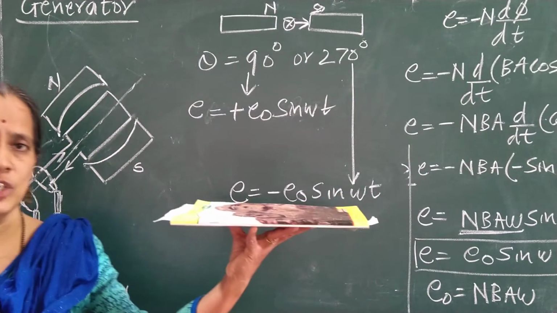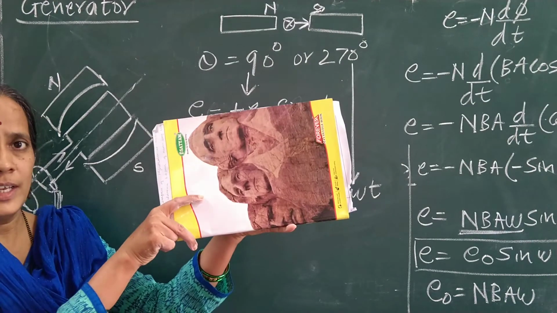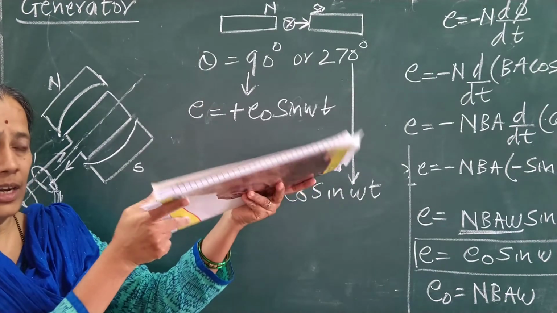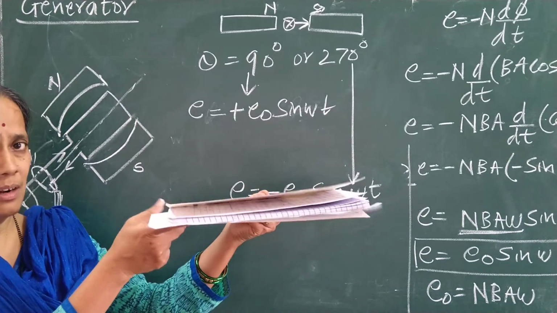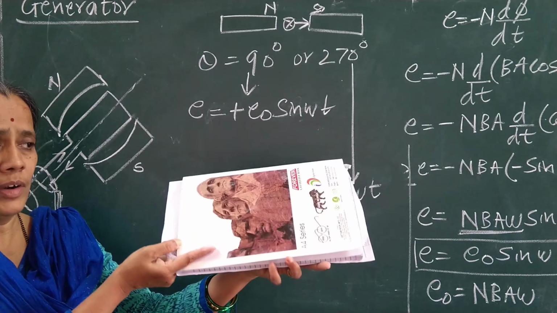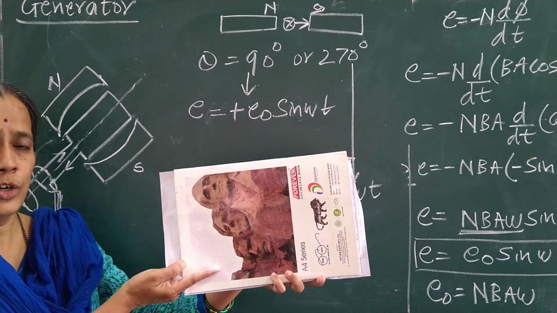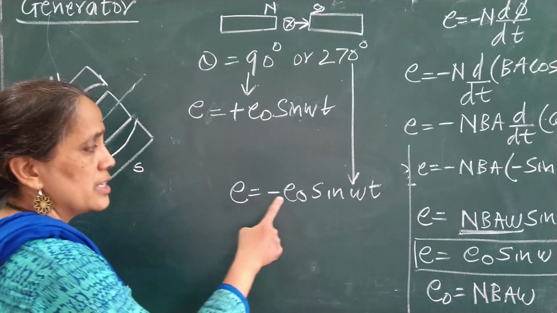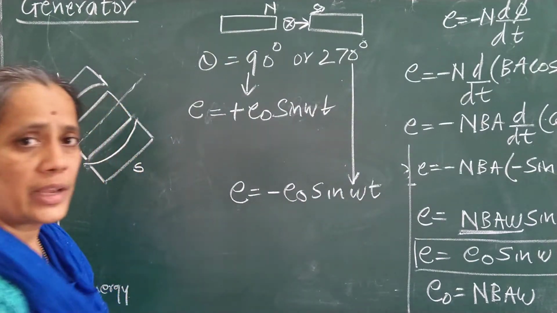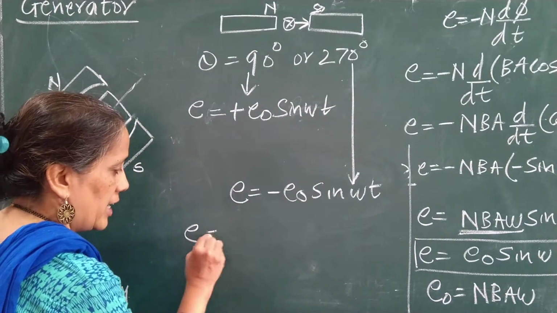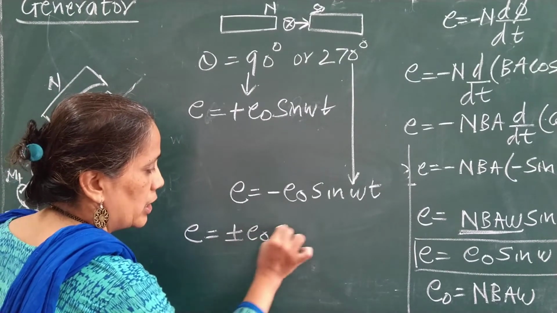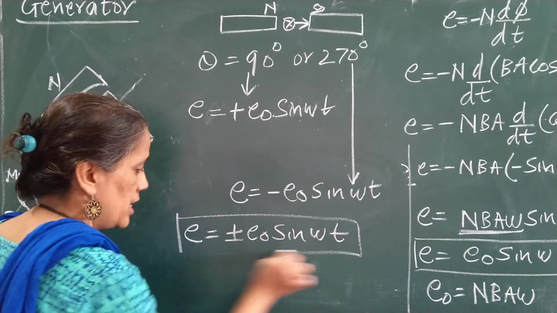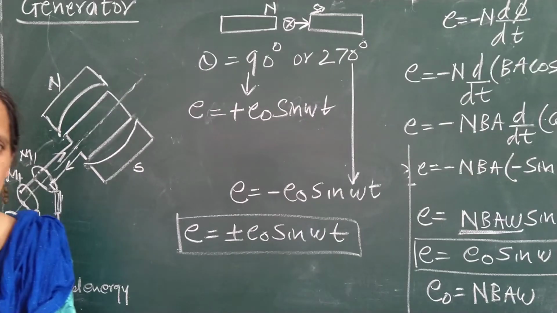So this is the original position, theta is 0, here it is 90, upward direction, EMF is maximum, at 180 it is anti-parallel, EMF is 0, now it is moving downward, angle is 270, so the EMF induced is negative, E is equal to minus E0 sin omega t. In short, I can write E is equal to positive and negative E0 sin omega t.